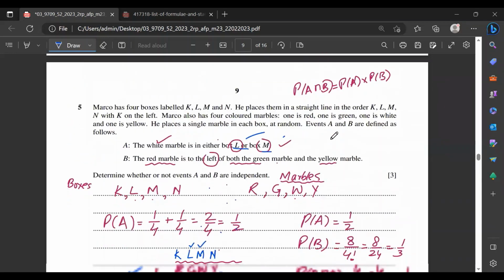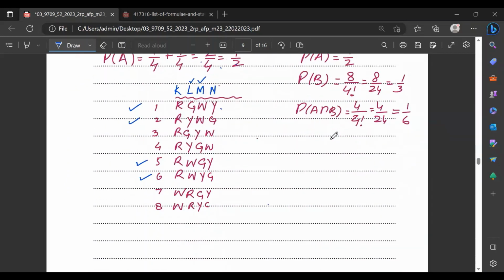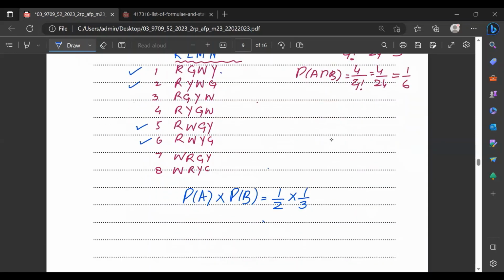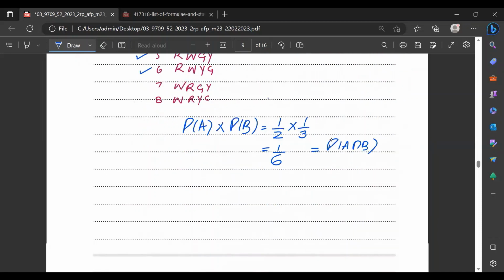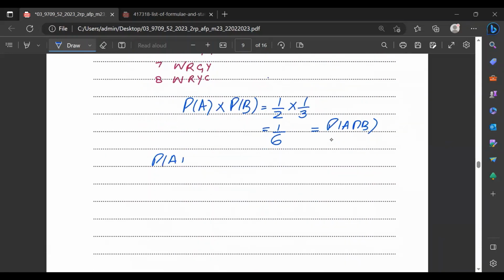So probability of A multiplied by probability of B is 1 over 2 multiplied by 1 over 3, which is equal to 1 over 6, and yes, it is the same as probability of A intersection B. So I can say that finally the product of these two probabilities is equal to the probability of A intersection B, and so we have the solution or the answer.